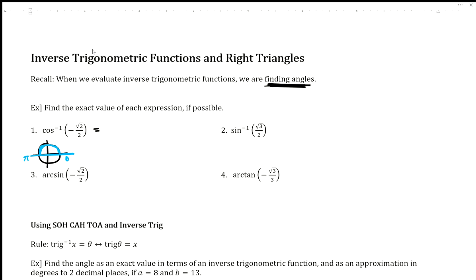It's some angle between 0 and pi, and that negative radical 2 over 2 is an x coordinate. Remember, cosine's connected to x, and a negative x coordinate of negative radical 2 over 2 is over in quadrant 2.